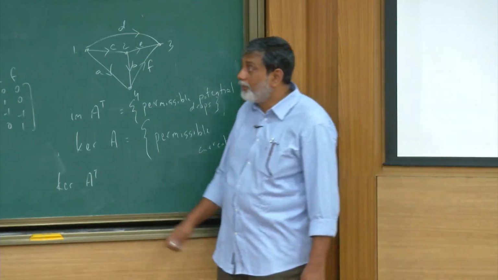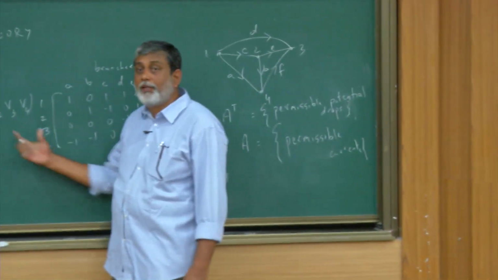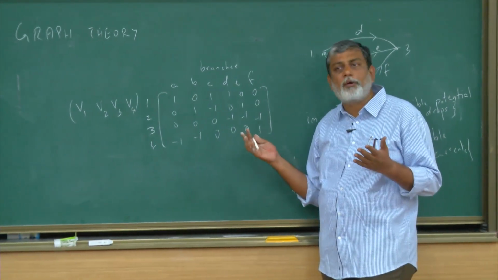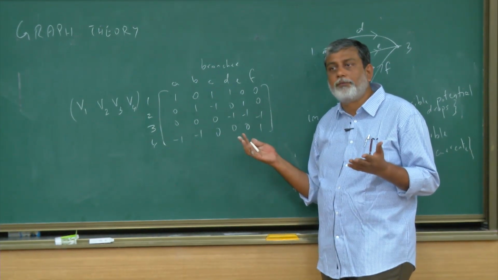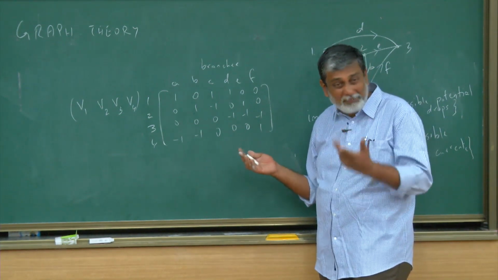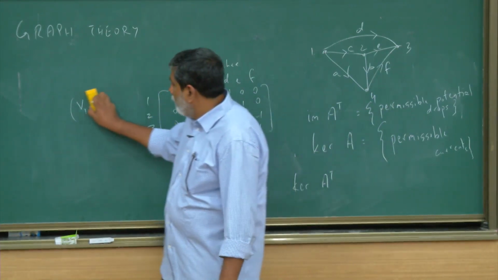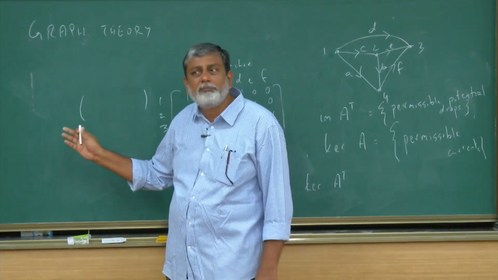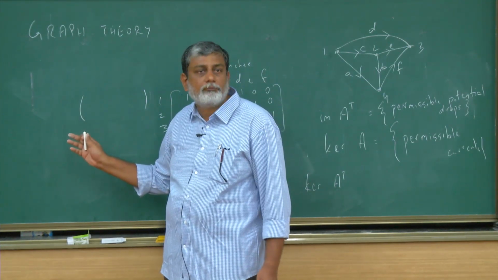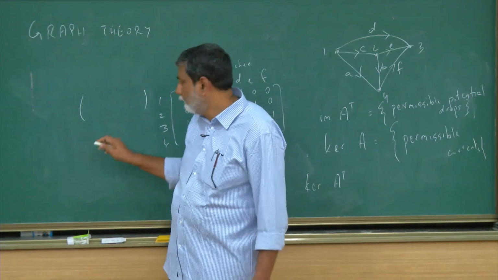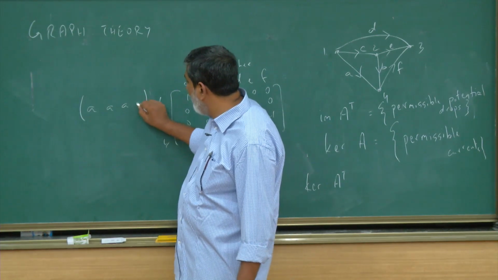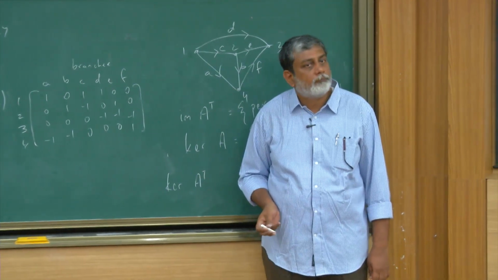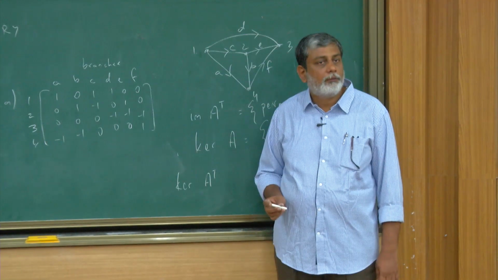Kernel of A transpose, that means there must be potentials here such that they map to all zeros. But all zeros means there is no potential drop across any branch. So when can we achieve that? If you take the potentials at every node to be the same. Yeah? So if I take the potential to be all A's, then I should get 0. This is okay?